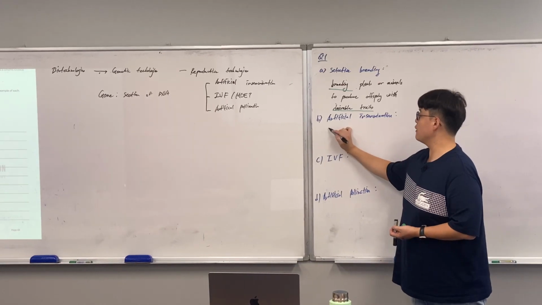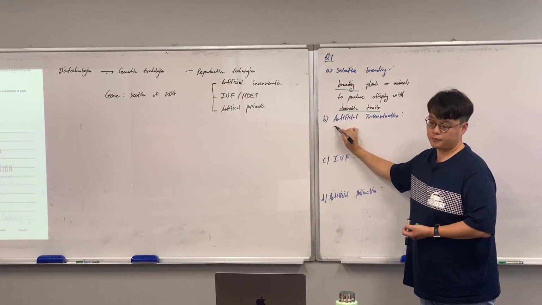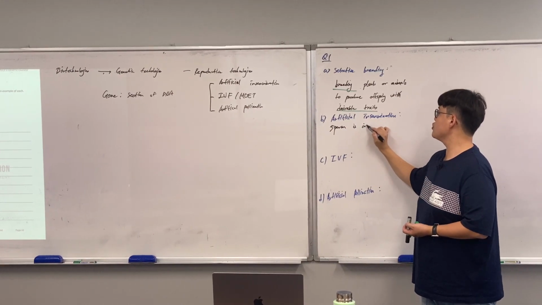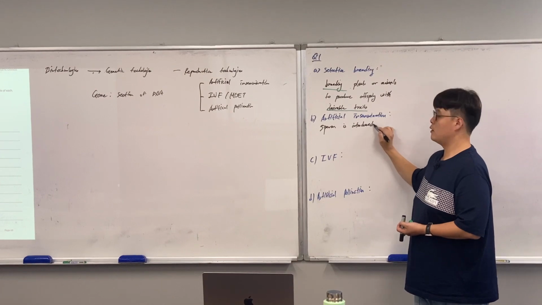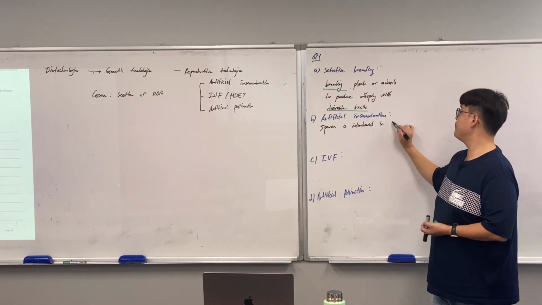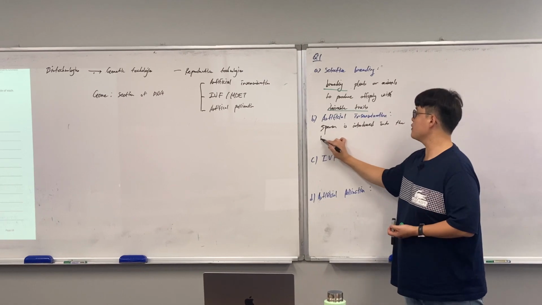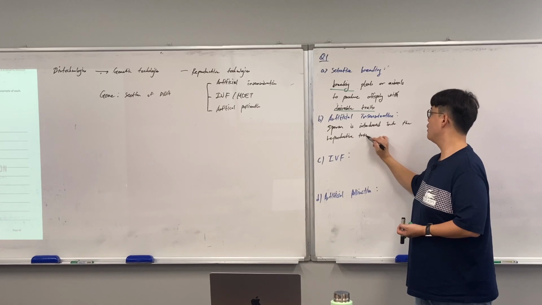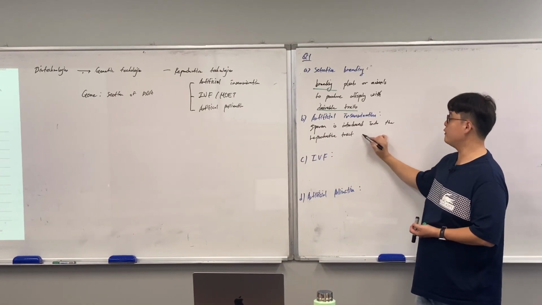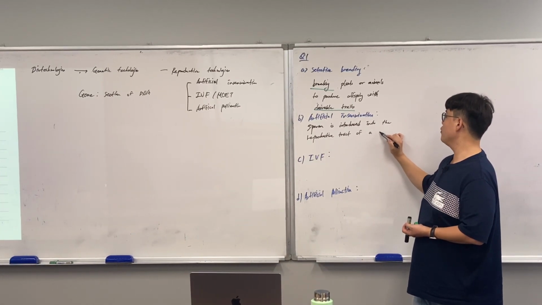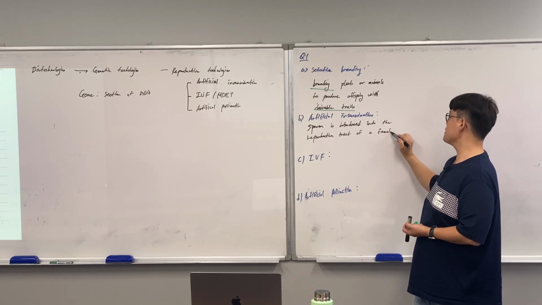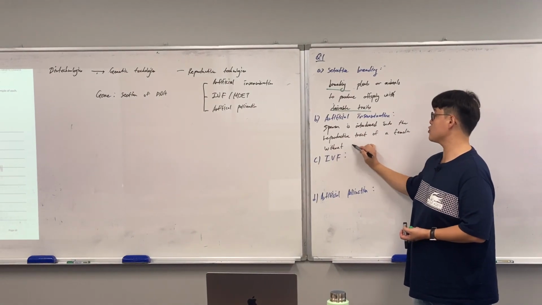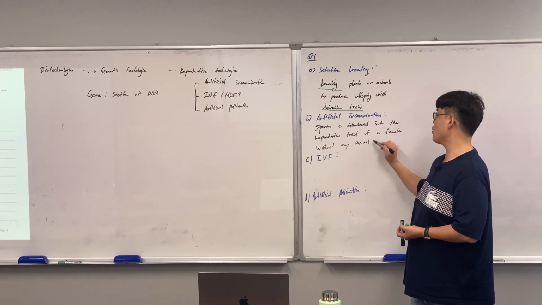Okay, it's basically taking the sperm out. Sperm is introduced into the reproductive tract of one or many females, sometimes one or many, without, and this is important, without any sexual intercourse.